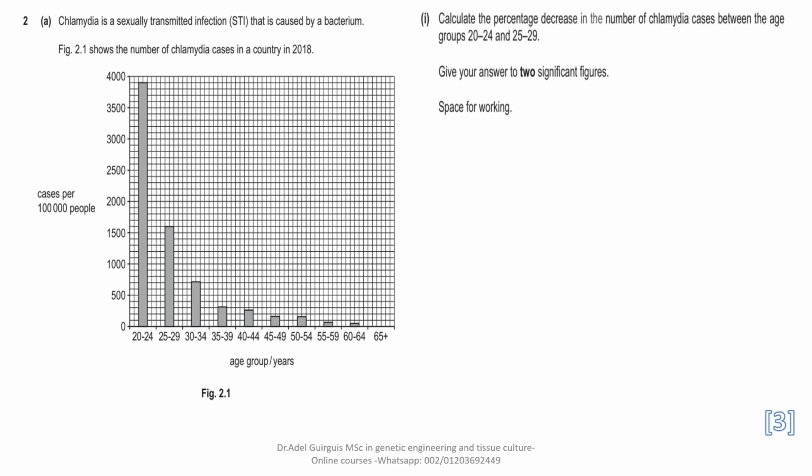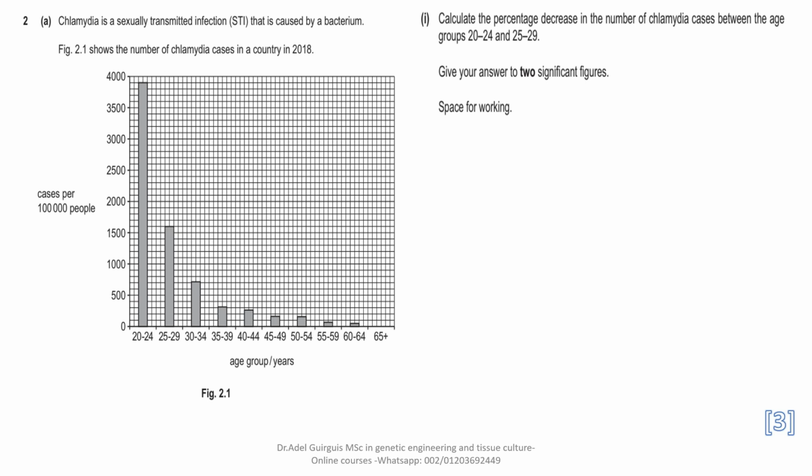Now look for this part, letter a, single i. Calculate the percentage decrease in the number of chlamydia cases between the age groups 20 up to 24 and 25 up to 29. Give your answer to two significant figures. Space for working.